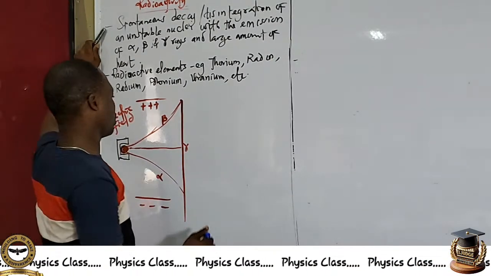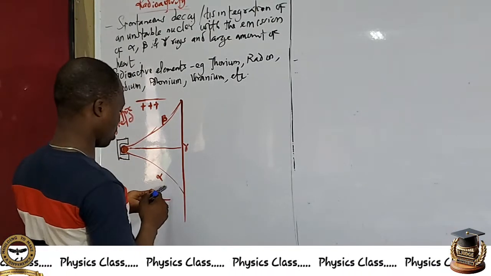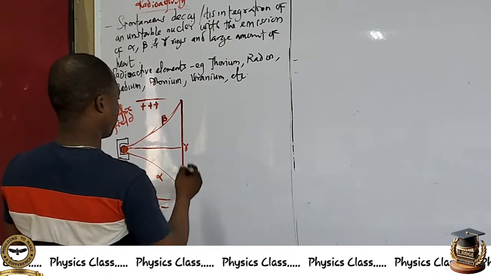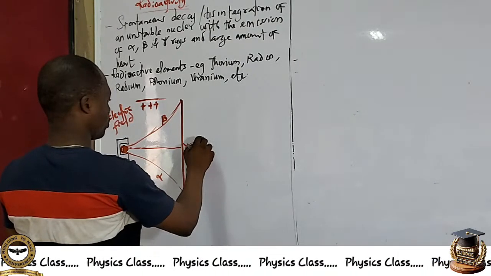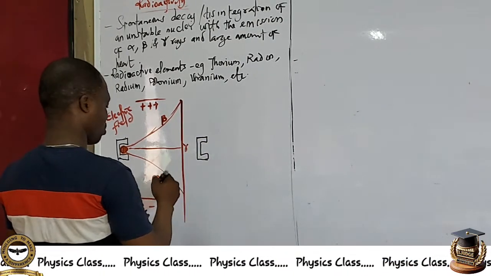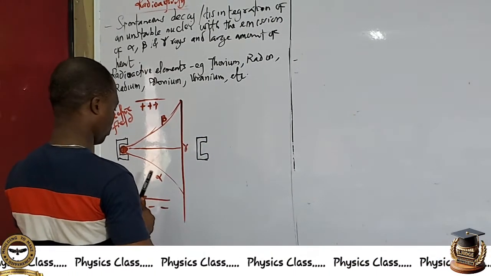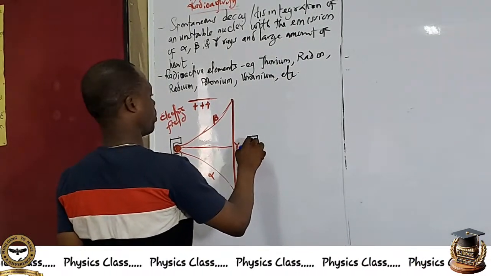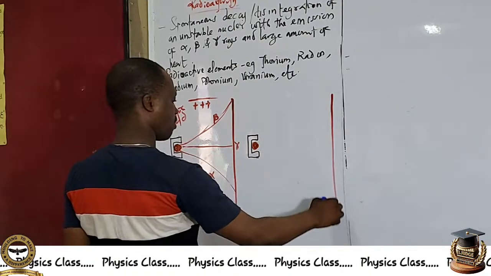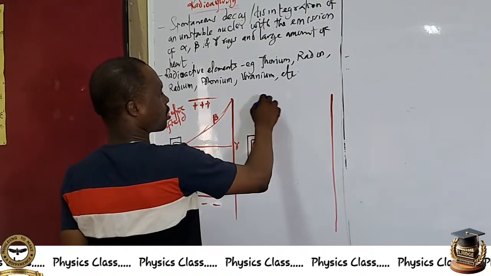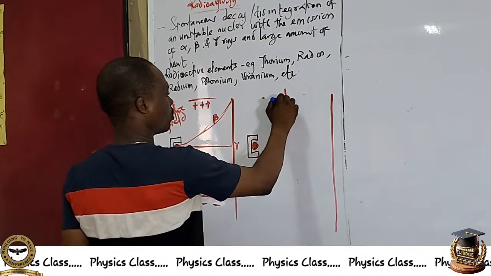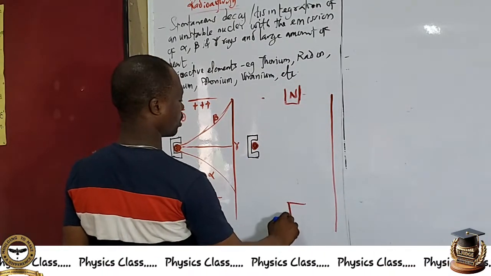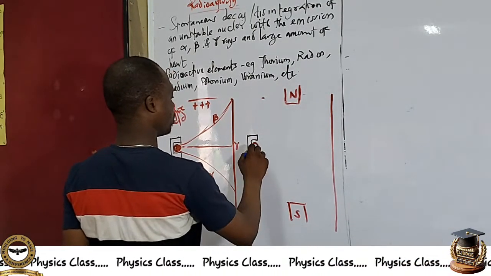Or in a magnetic field, let's say I have these two, and I have a magnetic field. Let's say this is my north pole and this is the south pole.